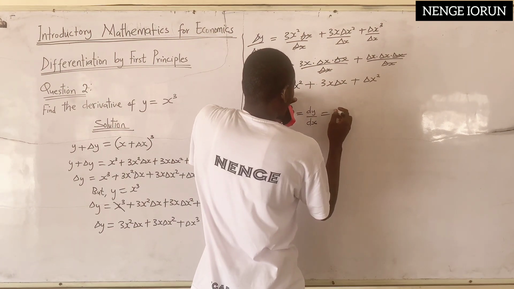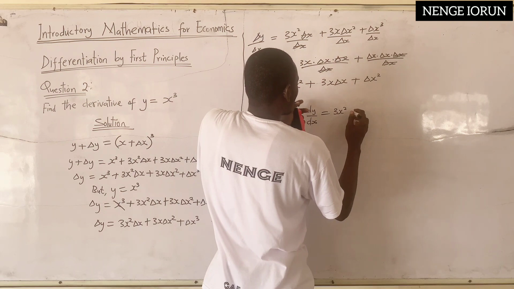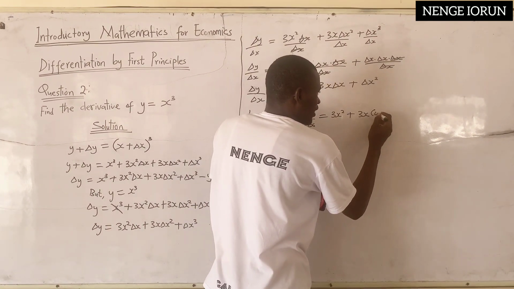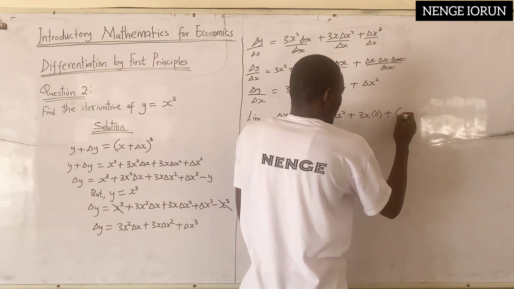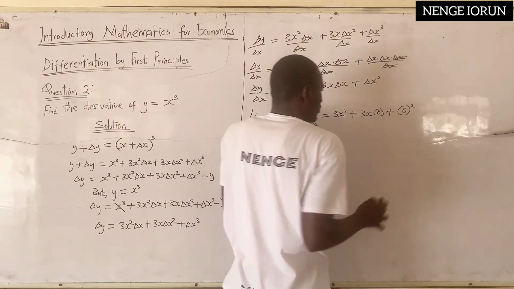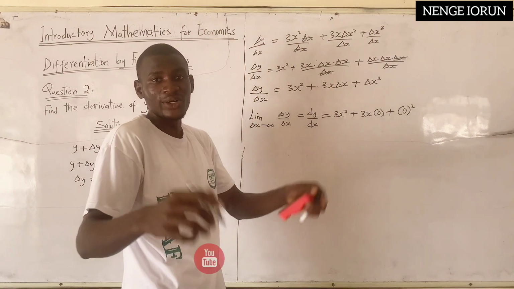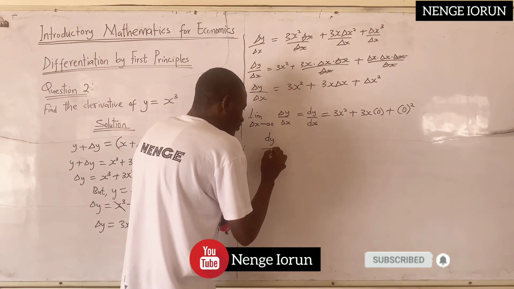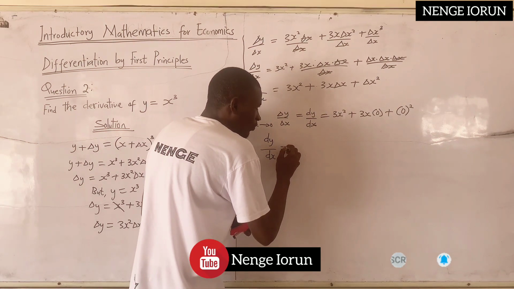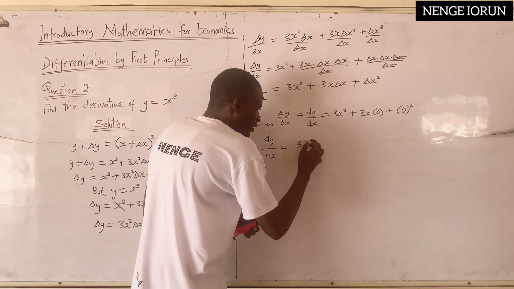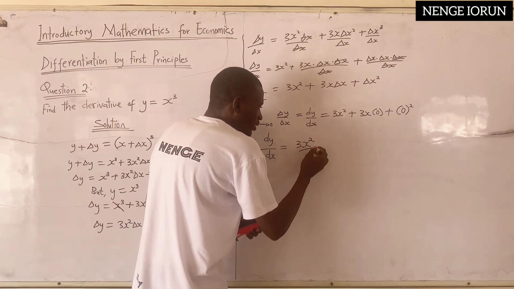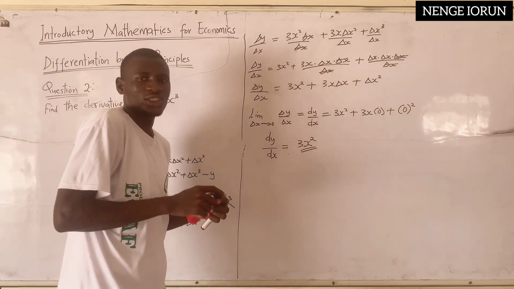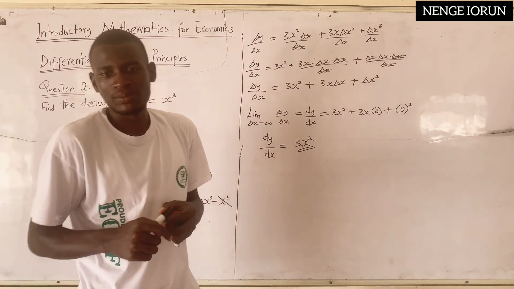Delta x is not in the first term, so you have 3x squared plus 3x times 0 plus 0 raised to the power of 2. Anything multiplied by 0 is 0. So you will have dy dx is equal to 3x squared. This is the derivative of x cubed by first principle.